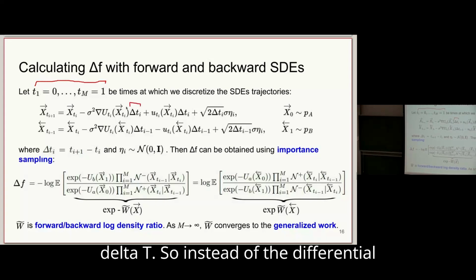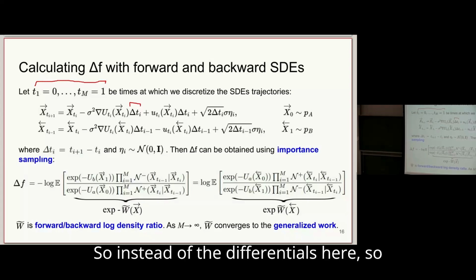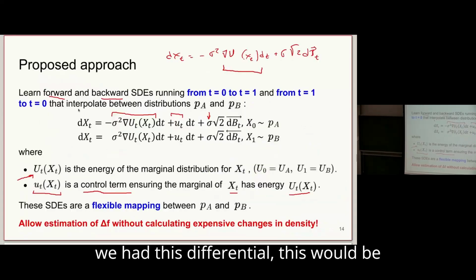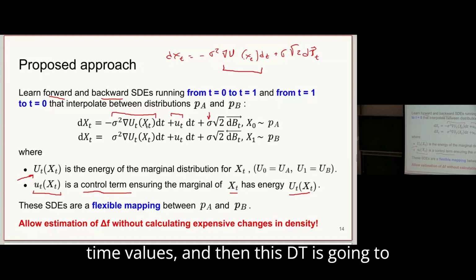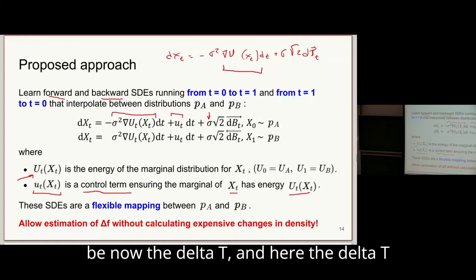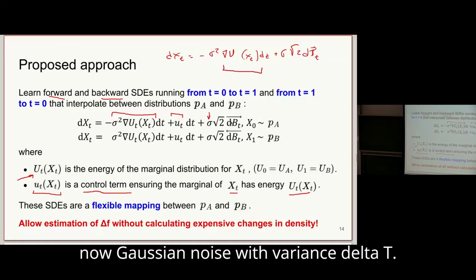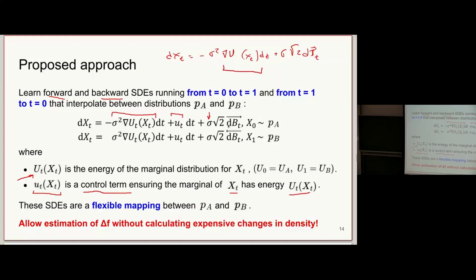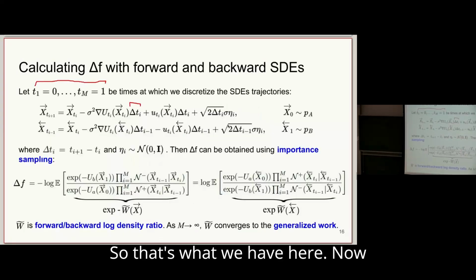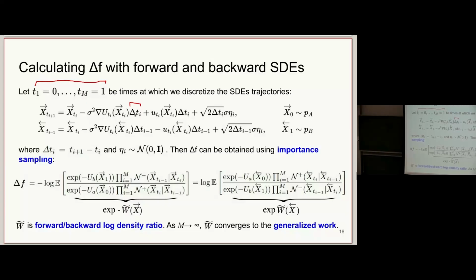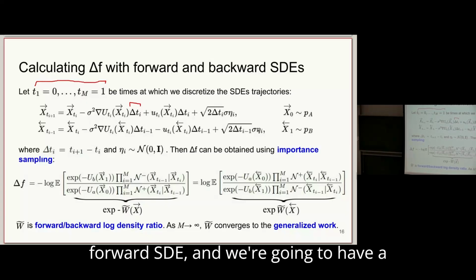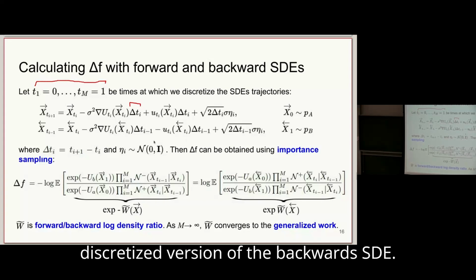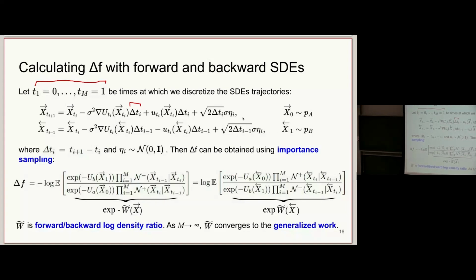So instead of the differentials here, so we had this differential, this will be the difference between x_t at different time values, and then this dt is going to be now the delta t, and here the delta t as well, and here we are going to have now Gaussian noise with variance delta t, okay? So that's what we have here. Now we have a discretized version of the forward SDE, and we're going to have a discretized version of the backwards SDE, okay?